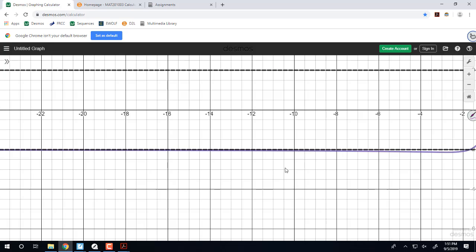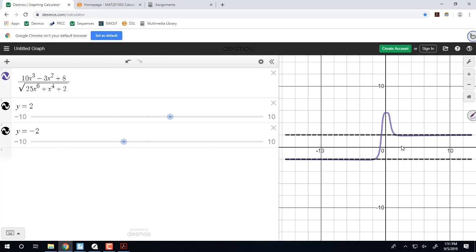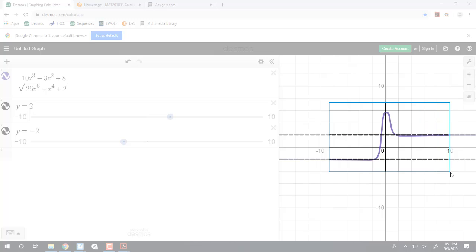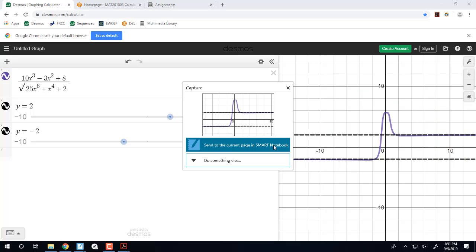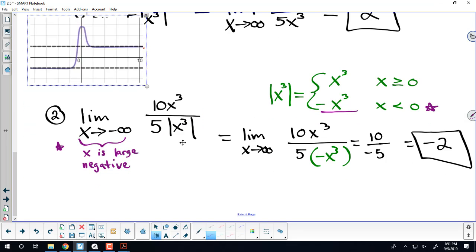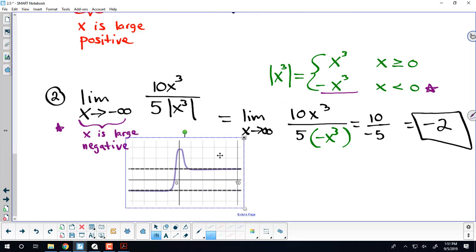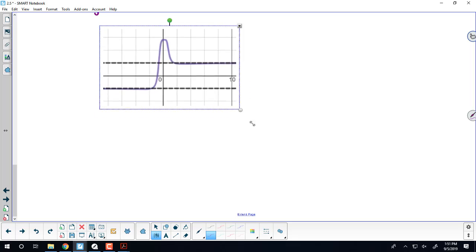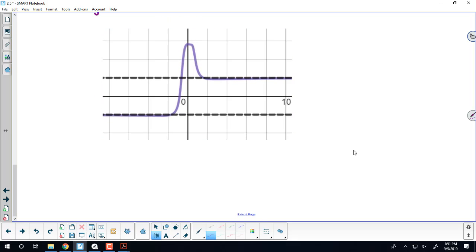It's starting to approach that line, y equals negative 2. Do you have any questions about that?